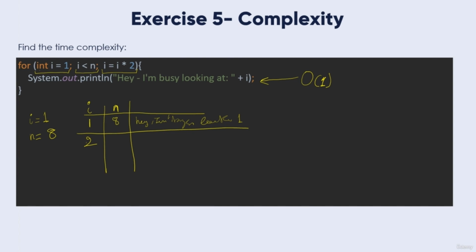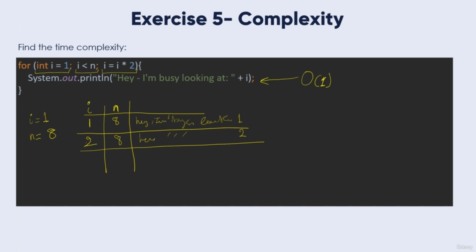Now, i equal to 2. 2 less than 8? Yes. So go and print this message again, with i equal to 2. Now, going up again, the new i is equal to the old i times 2.